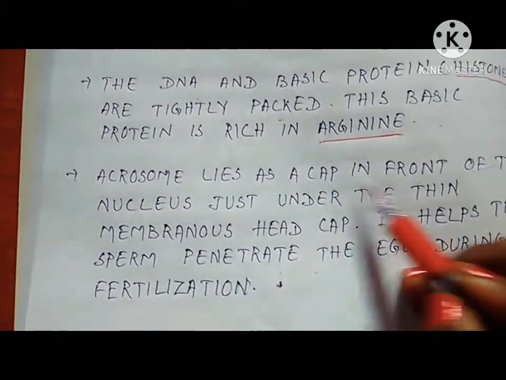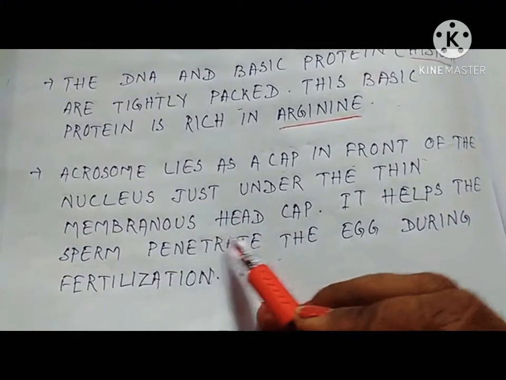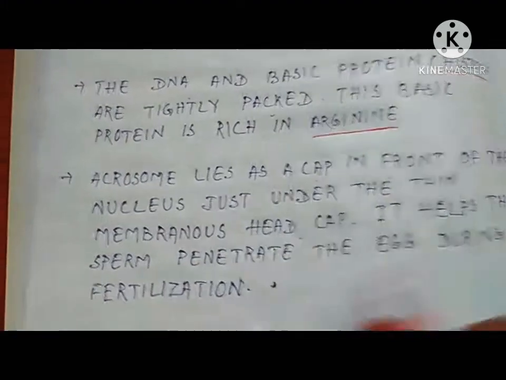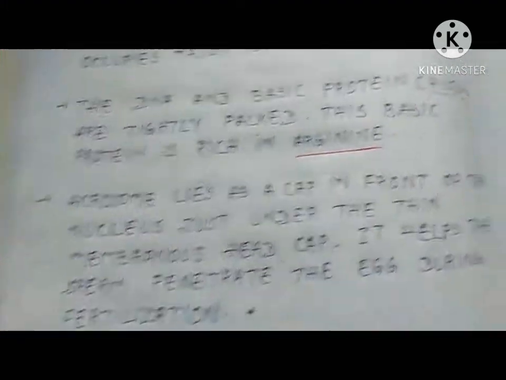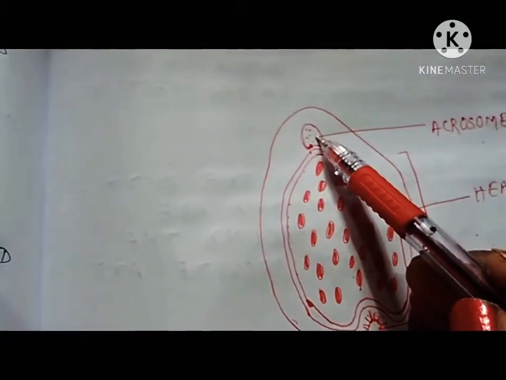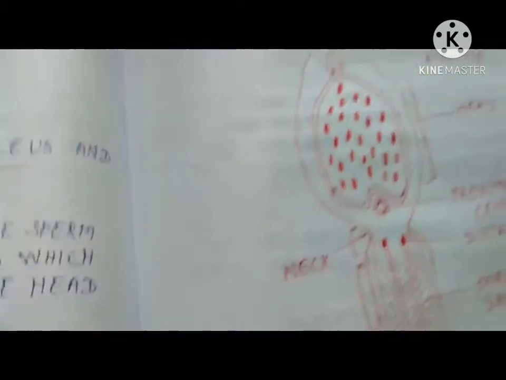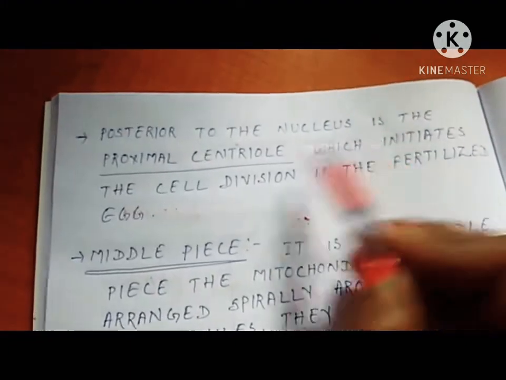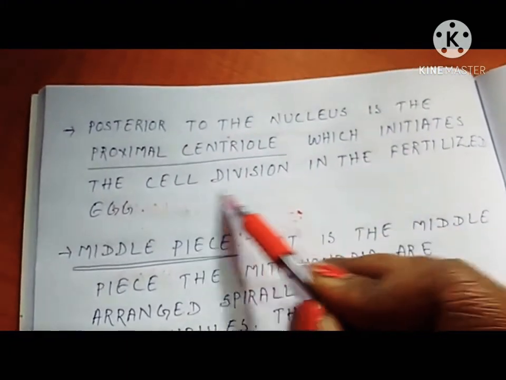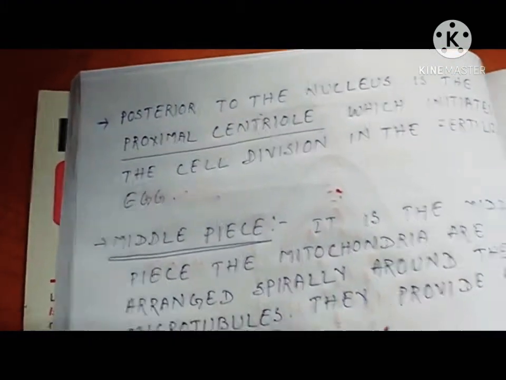The acrosome lies as a cap in front of the nucleus, just under the thin membranous head cap. It helps the sperm penetrate the egg during fertilization. Next, posterior to the nucleus is the proximal centriole, which initiates cell division in the fertilized egg.